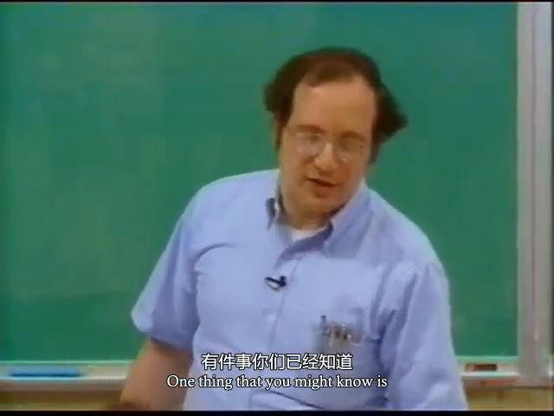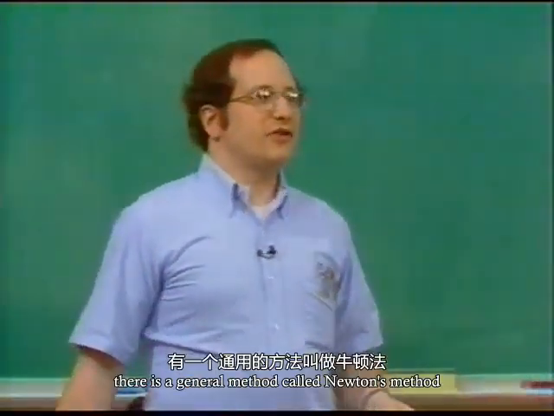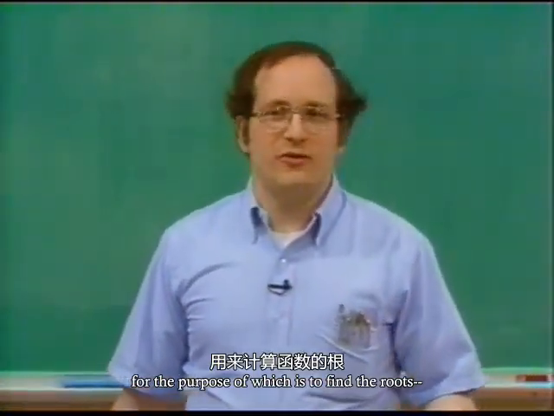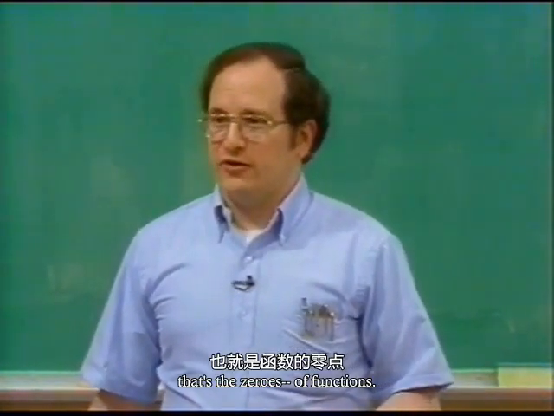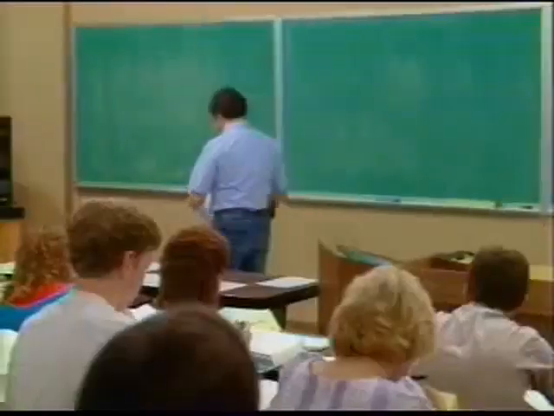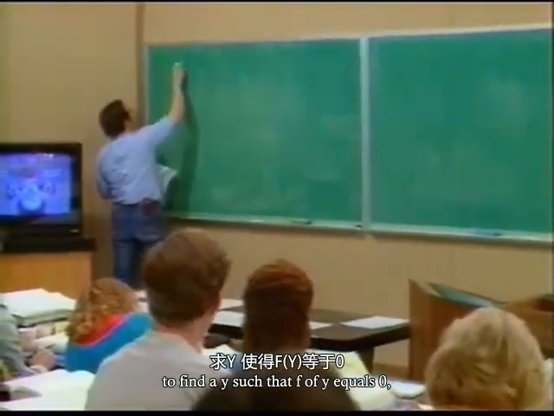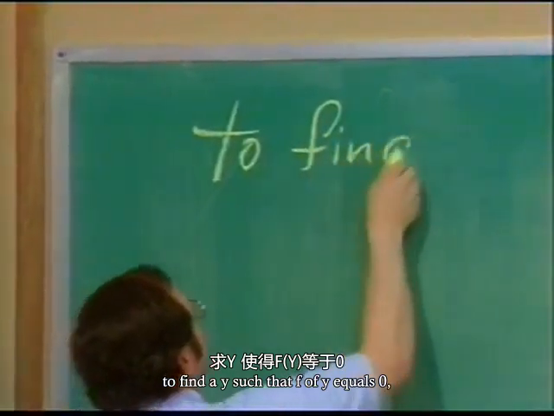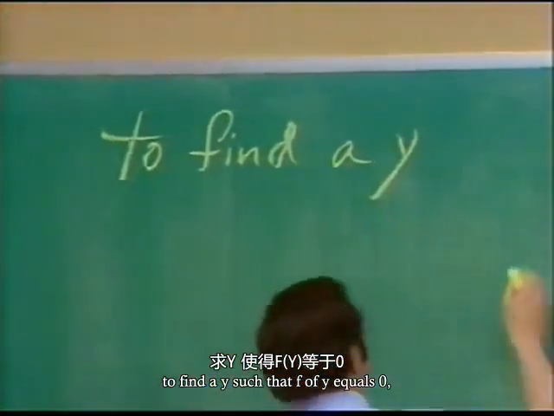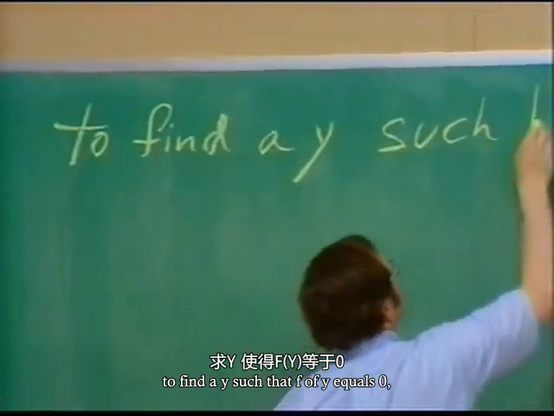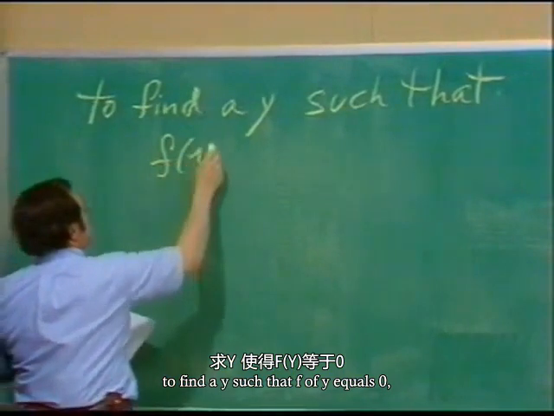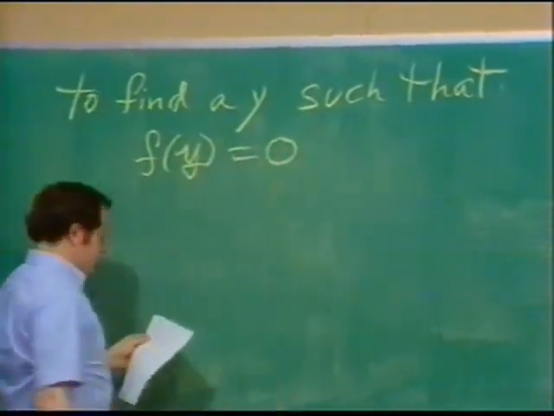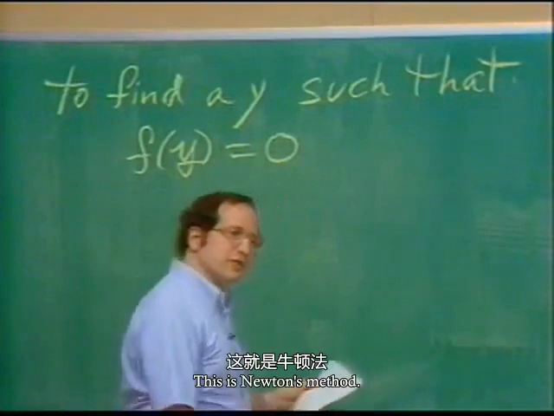Well, one thing that you might know is that there is a general method called Newton's method, the purpose of which is to find the roots, that's the zeros, of functions. So, for example, to find a y such that f of y equals 0, we start with some guess. This is Newton's method.